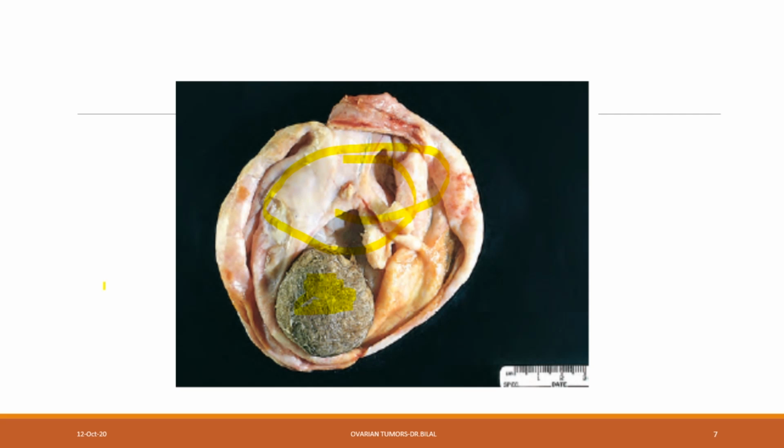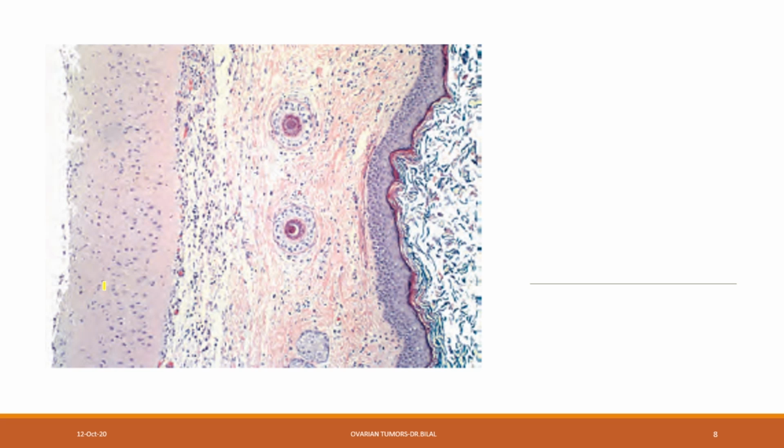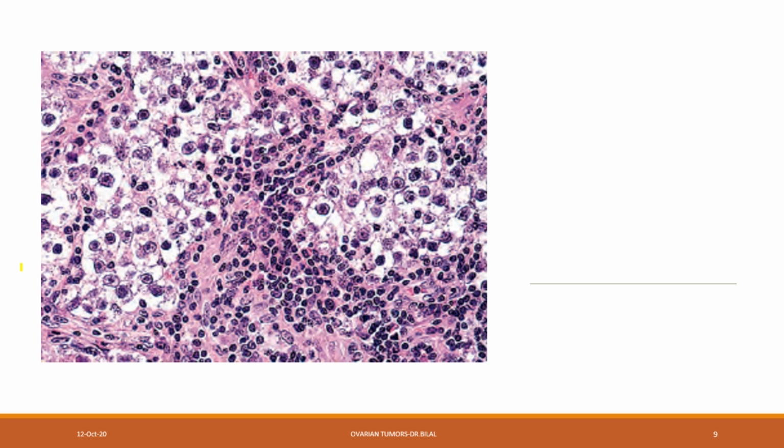There can be a lot of variations, but the main point is that different components derived from different germ cell layers can be seen in this tumor. This is an example of mature cystic teratoma, and this is how it looks. We discussed it a lot during the practical videos as well. The different components can be seen. Skin can be seen on the surface. There can be cartilage, bone, salivary glands, and so on and so forth.